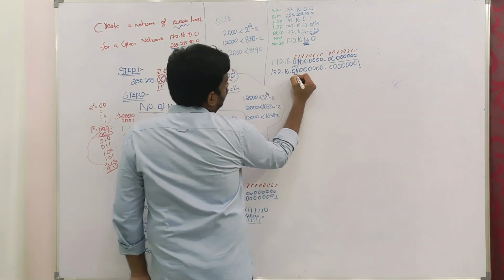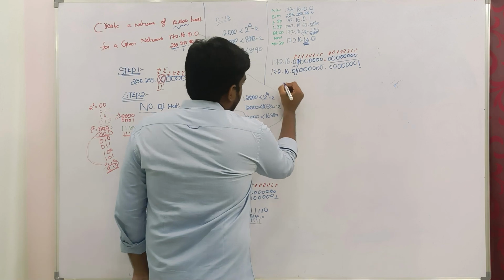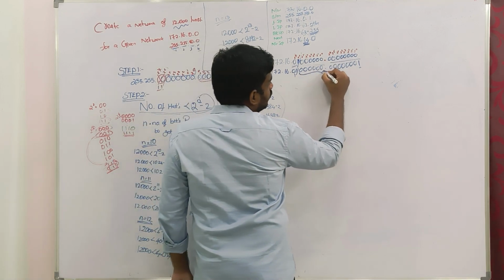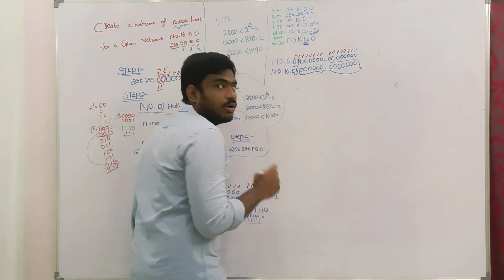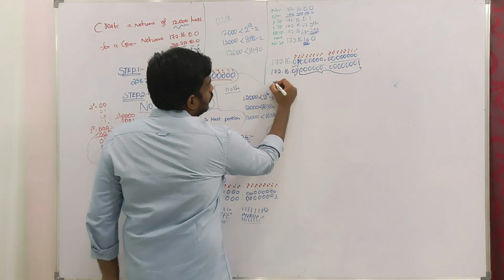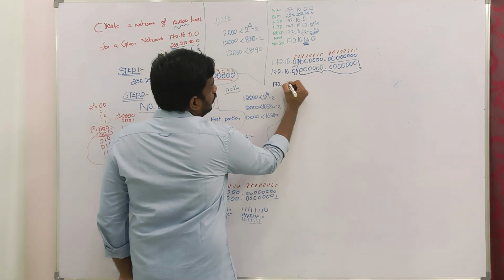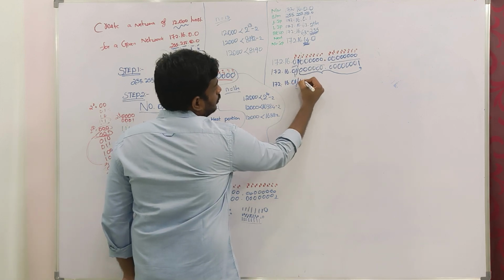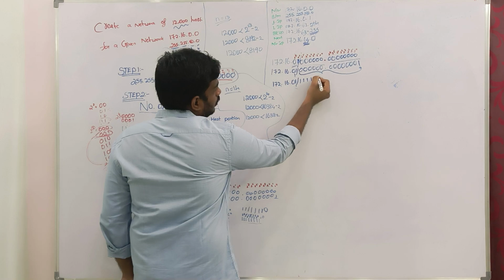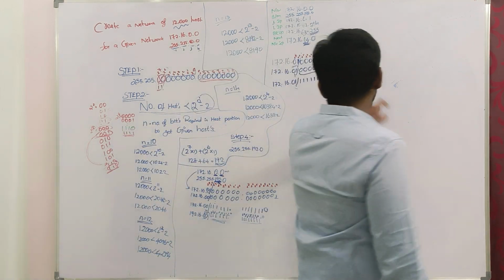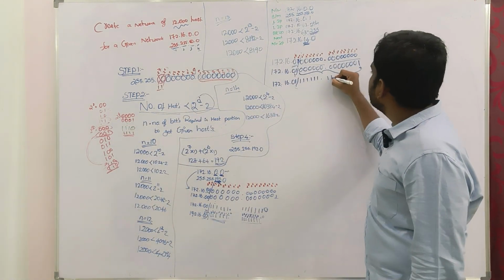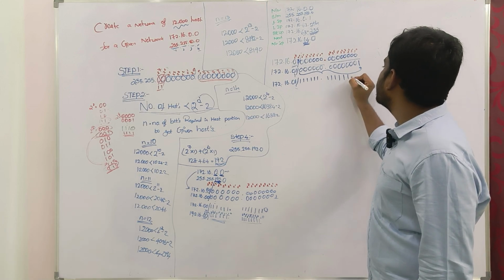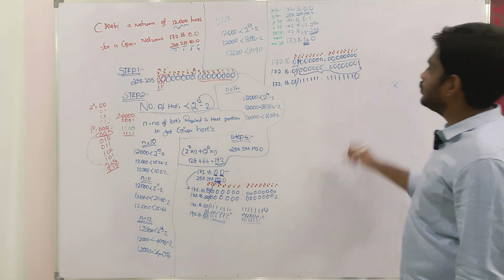What is the last IP then? The inverse of this host portion will be the last IP. So 172.16.64.0 slash, the 0s turn into 1s, and the 1 turns into 0.